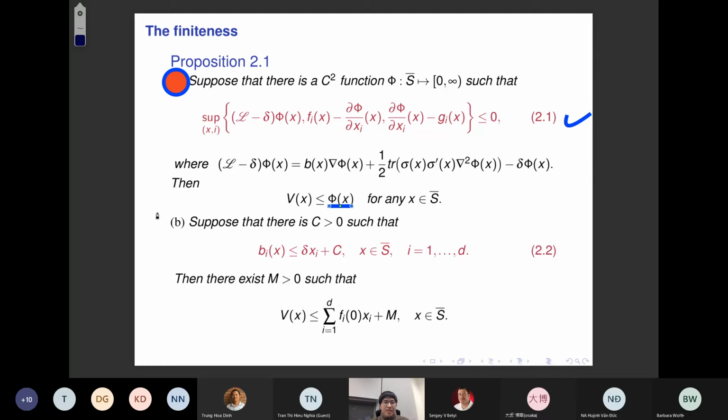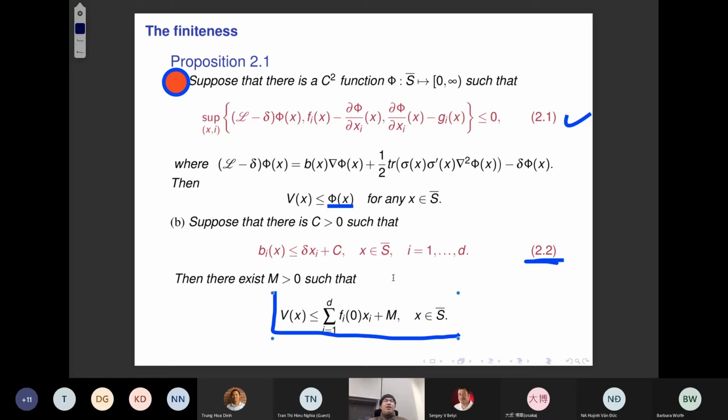In particular, if we have 2.2, that is, b_i x less than or equal to delta_i x plus C, then we can show that the value function is bounded by the sum of phi_i(0) x_i plus m.